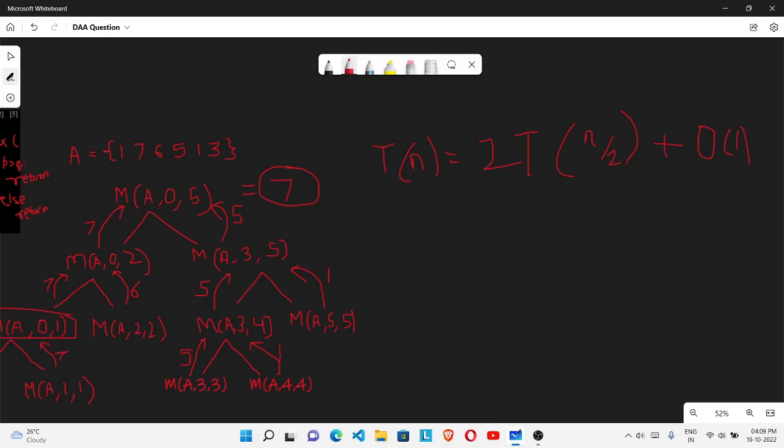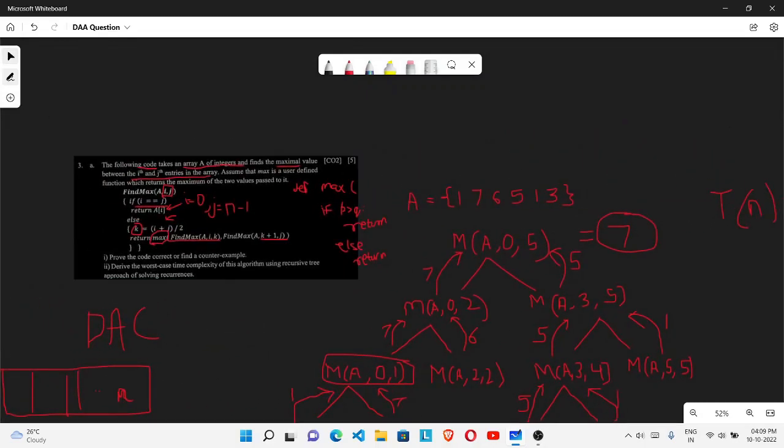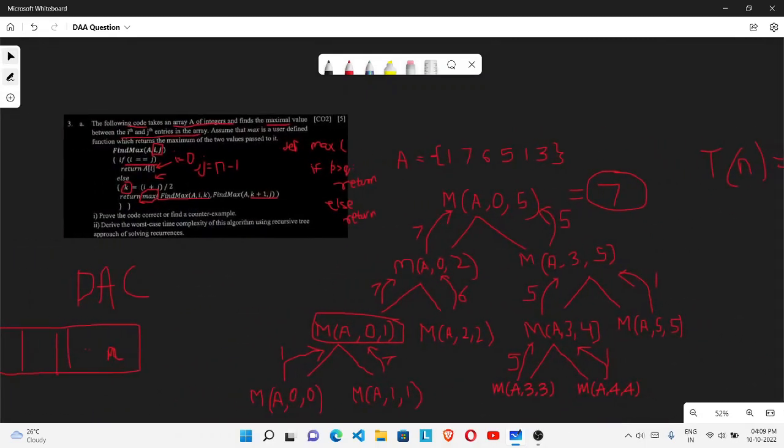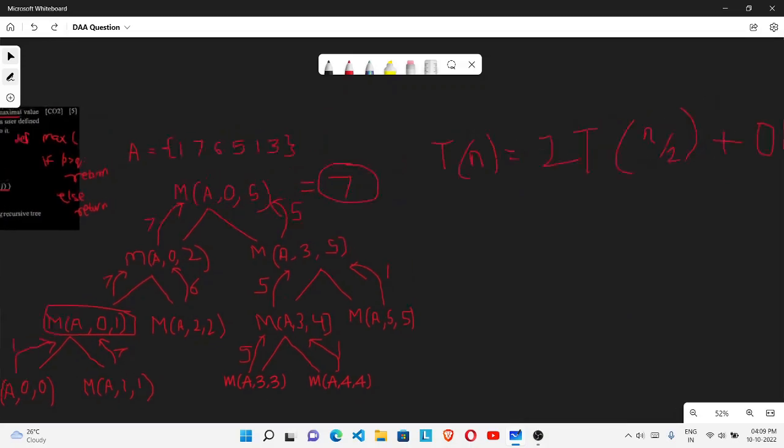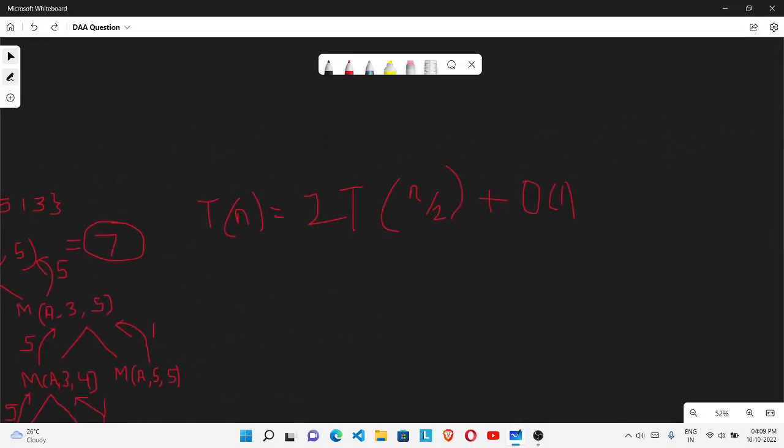Yep. So this is the recurrence relation for the given code. Because all these comparisons with max and checking the base condition take constant time.